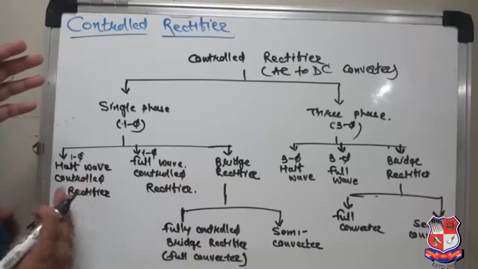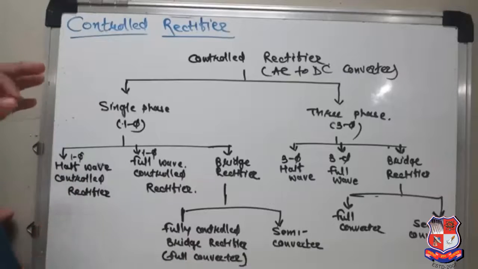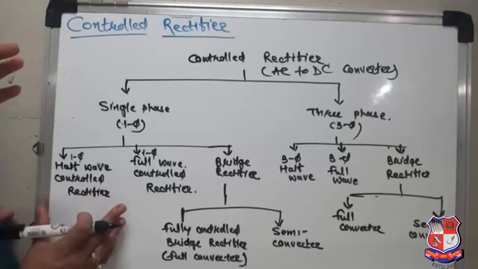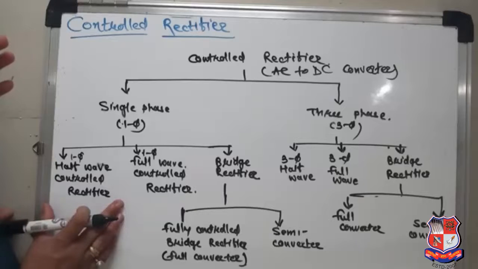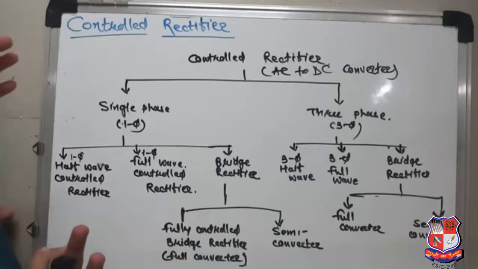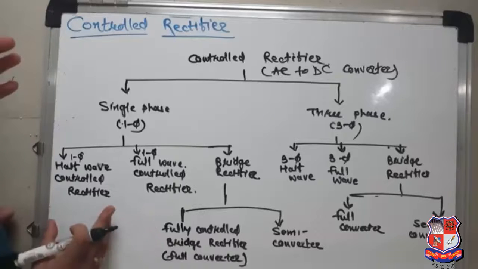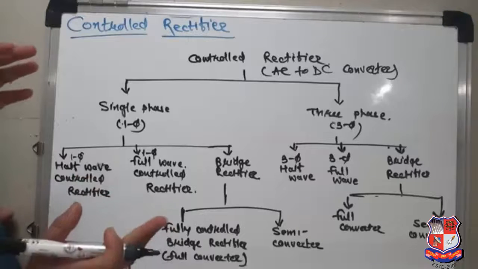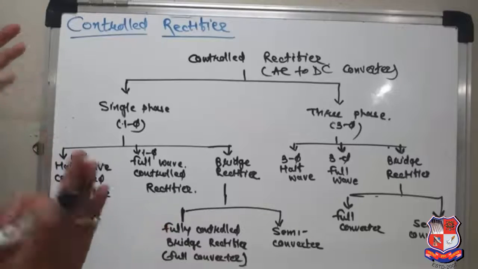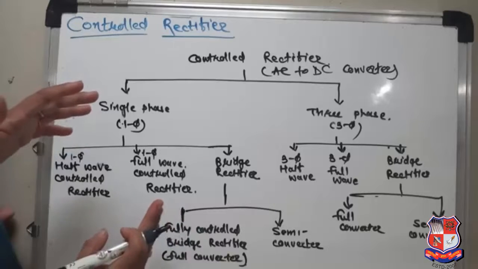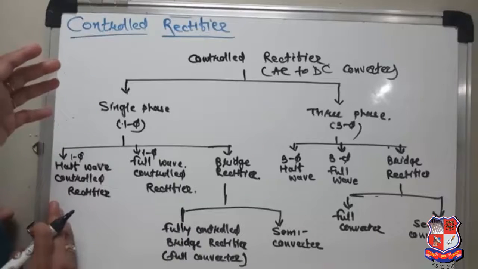In a half wave control rectifier, we are using only a single device to control the output voltage, so the name given is half wave control rectifier. As it is a half wave control rectifier, it controls only during the positive half cycle of AC, so you will get low output voltage, whereas a full wave control rectifier controls both half cycles, positive as well as negative, so you will get high DC output compared to the half wave rectifier.